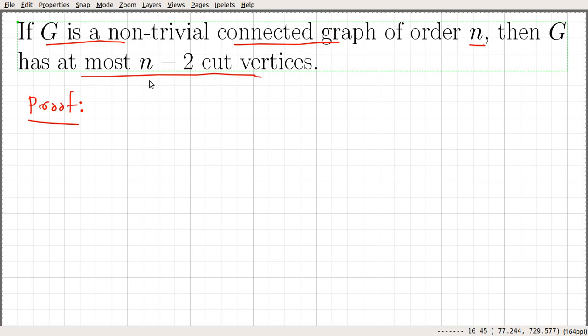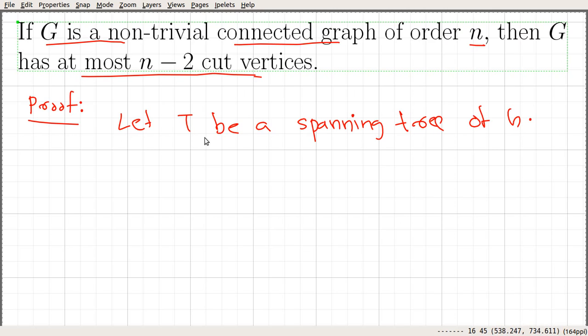So let T be a spanning tree of G. We know that any connected graph has a spanning tree.